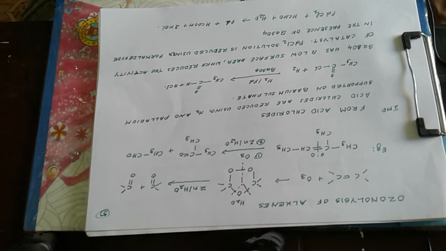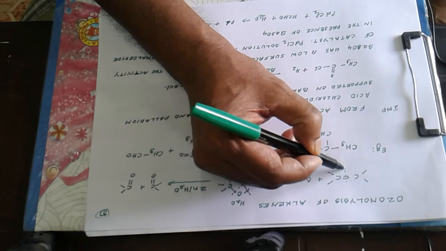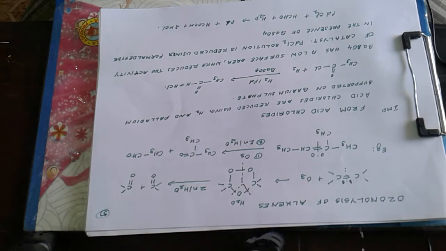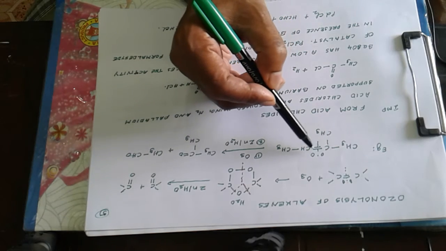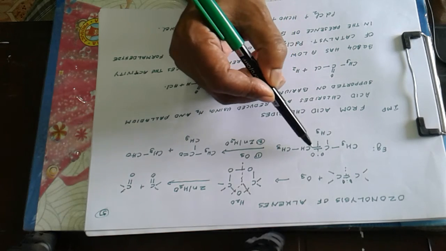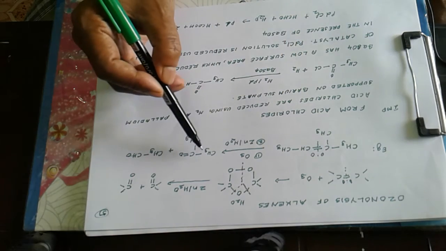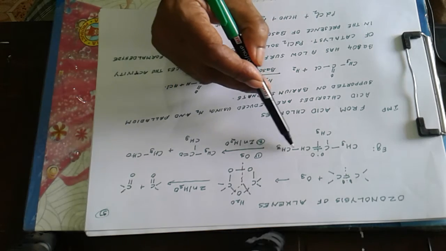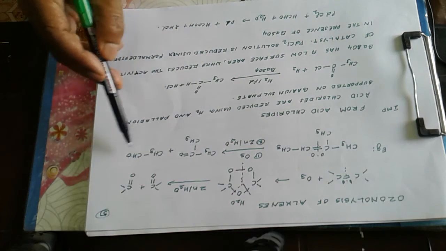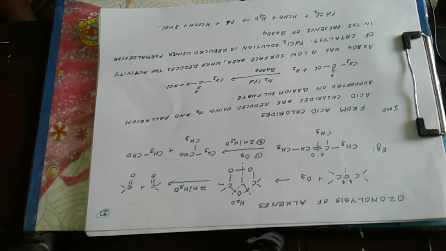Now the net reaction is breakage of the double bond and addition of two oxygen atoms. So the position of the double bond is getting broken, and then two oxygen atoms are added to the carbon atoms possessing this double bond. So in this example, CH3C double bond CH3, we get oxygen here and oxygen here, CH3COCH3 and CH3CHO, acetone and acetaldehyde are formed. So all these reactions were studied earlier.